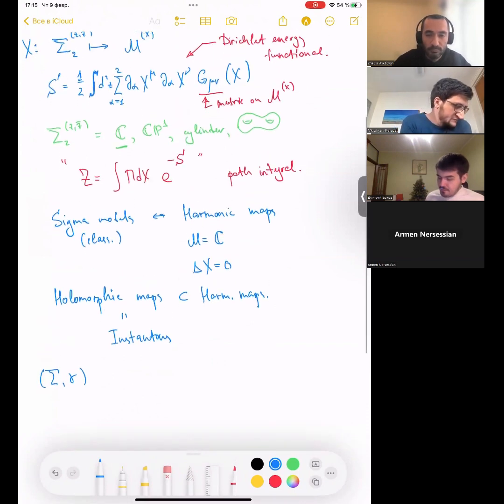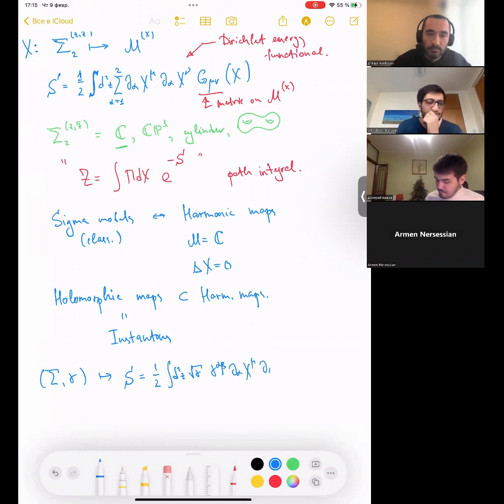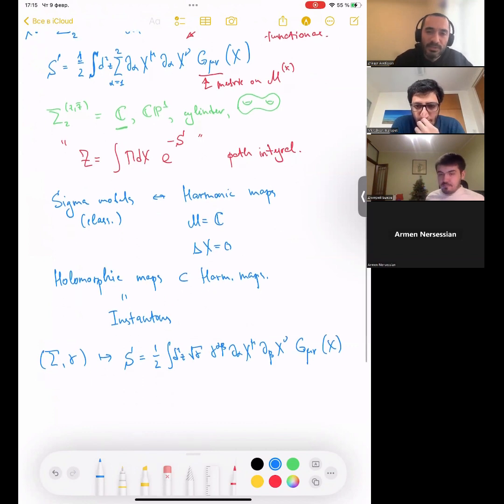And then S would be replaced by something else. Actually, maybe that's the most natural setup where we have a metric both on the target space and on the worldsheet. But then if there is a complex structure on sigma, do you take gamma to be a Hermitian metric, or do you consider it as a real Riemannian manifold?